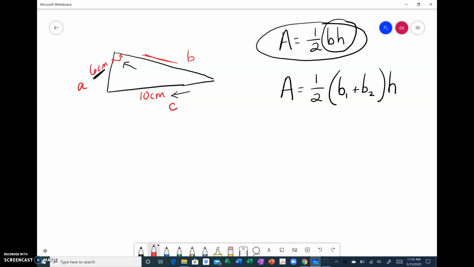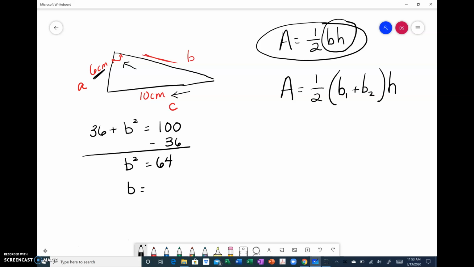Hopefully you answered use the Pythagorean theorem. So I'm going to do A squared, which is 36, plus B squared, which I do not know, equals C squared, which is 100. Then I'm going to subtract 36 from both sides to get 64, and you should know that that will be 8.